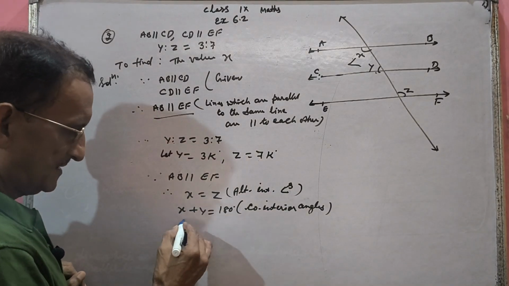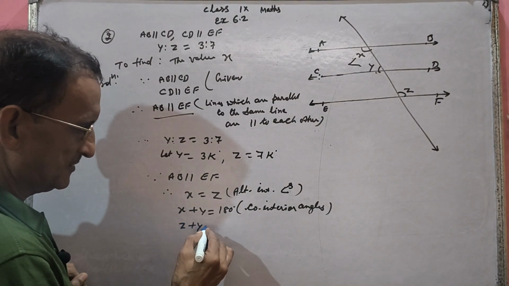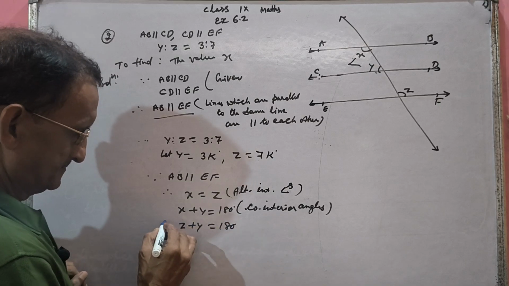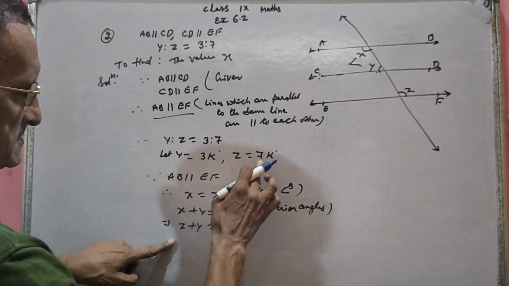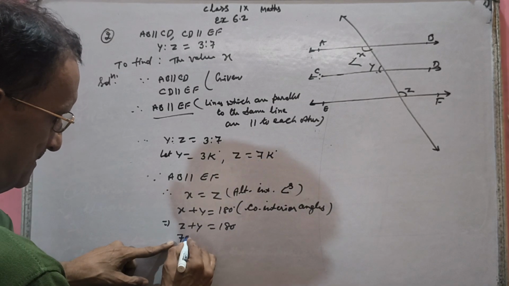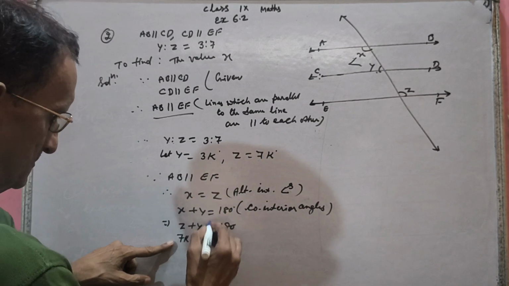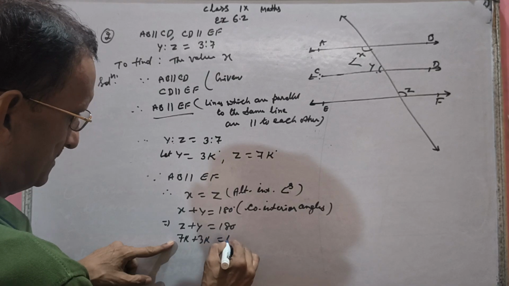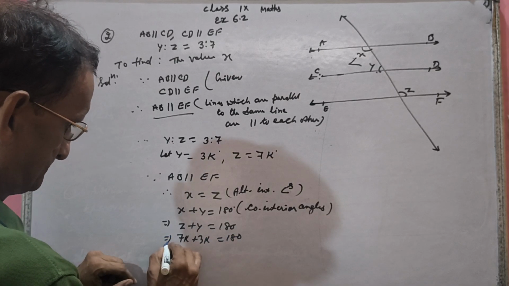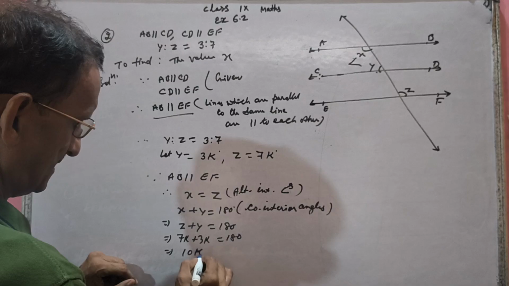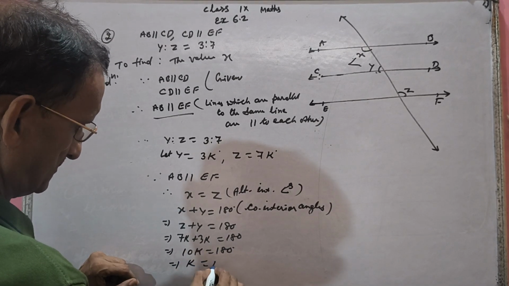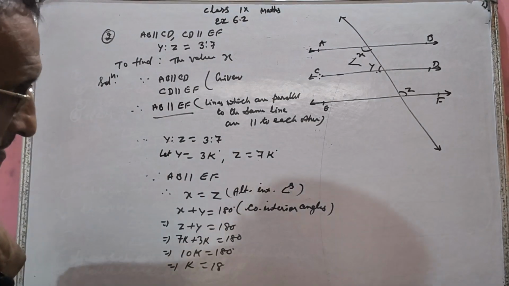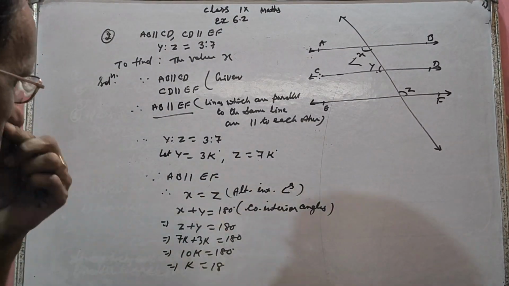For X, what can we write? Z plus Y equal to 180 degree, since we have just proved X equal to Z. Z is 7k plus Y is 3k equal to 180 degree. So 10k equal to 180 degree. So what is k equal to? 18. Okay, k equal to 18.